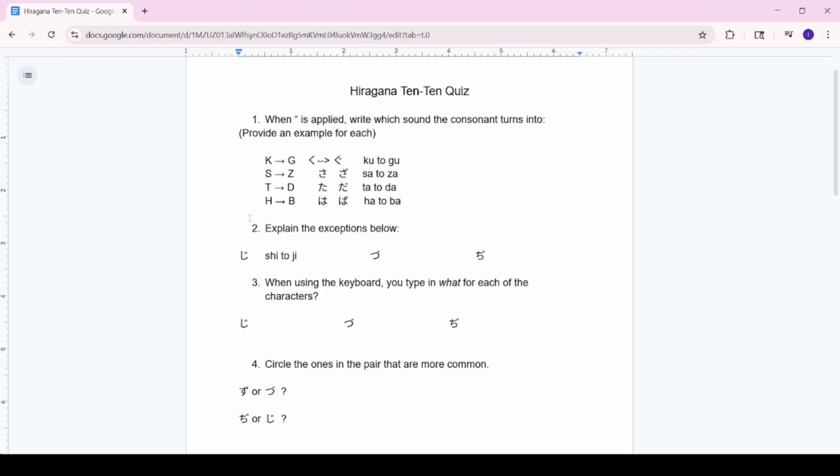It's in that category with the S and the Z's. But it's ji. And then this one without the 10-10, the 2 lines would be tsu. But when we add the 10-10, it becomes zu.